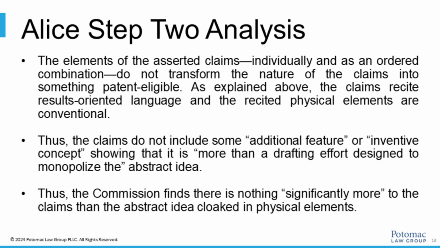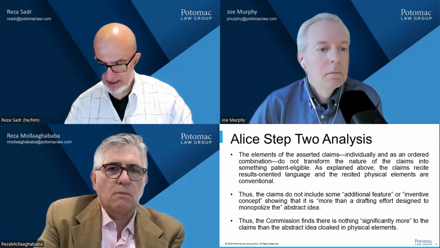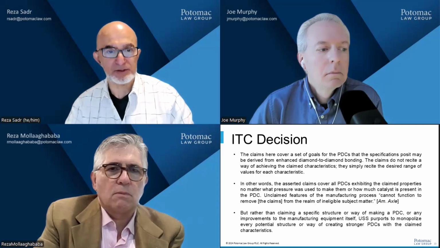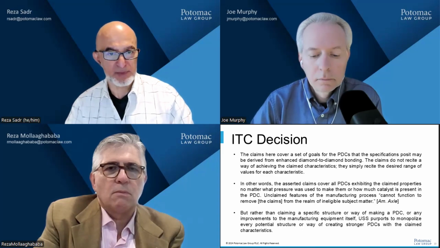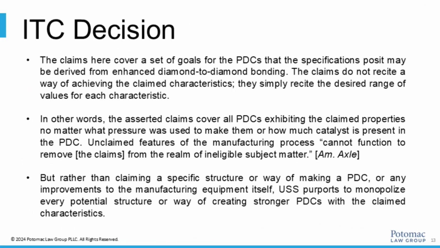Here, they are quoting Supreme Court decisions. Essentially what they said, in both steps, is that if the claim had more meat to it, more specifics about how they achieve the results, maybe structural limitations, they would pass step 1 or step 2, but they do not have that.